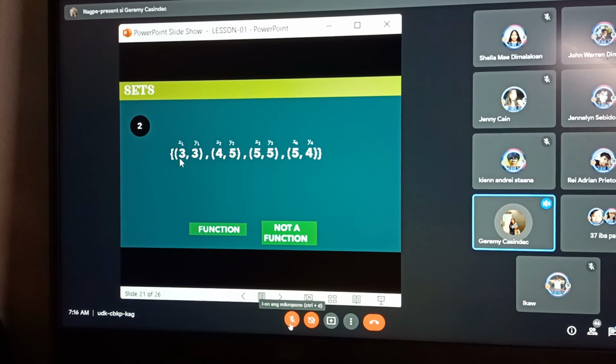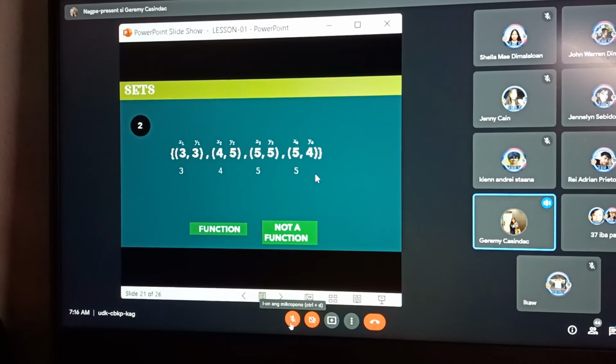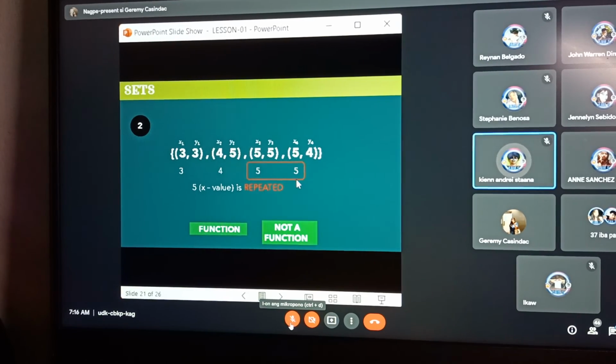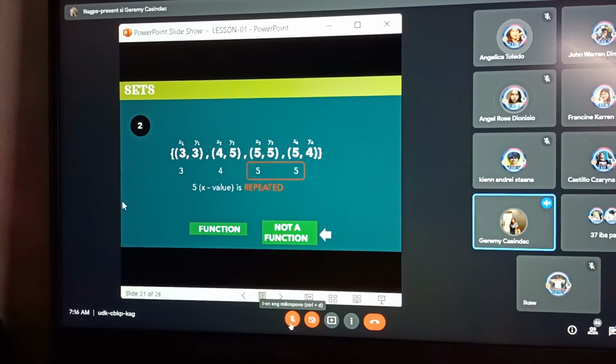So, we have x sub 1 is 3, x sub 2 is 4, x sub 3 is 5, and x sub 4 is 5. Meron tayong umulit na x value. So, it means to say that it is not a function. The x value 5 is repeated. Therefore, this is not a function.